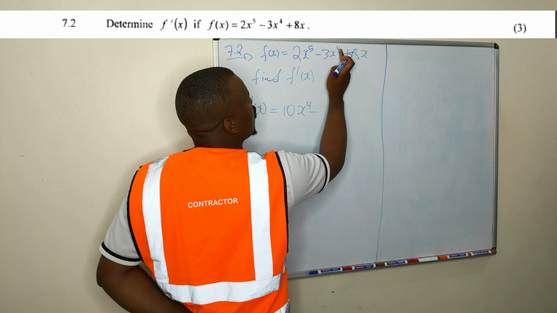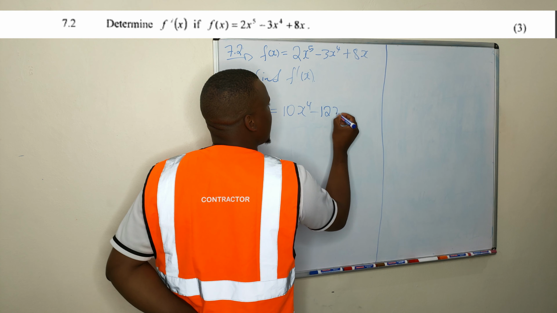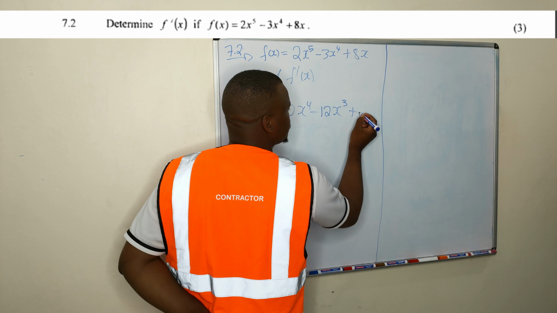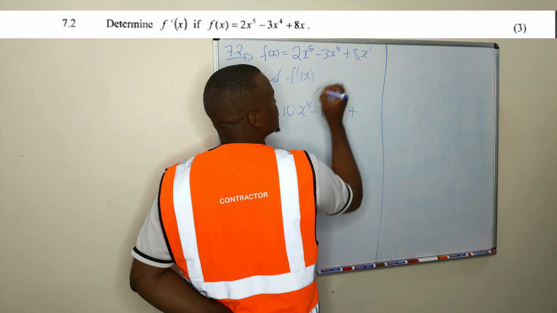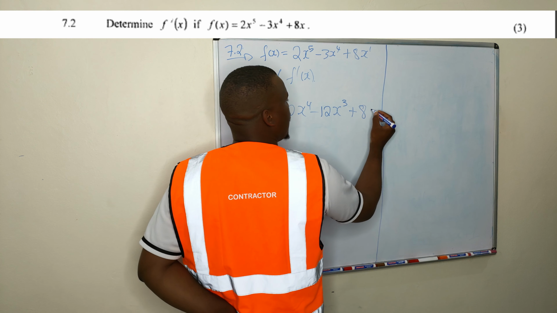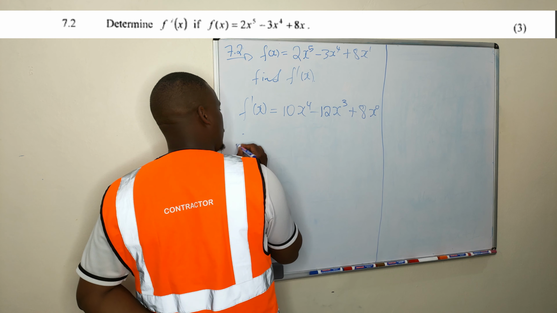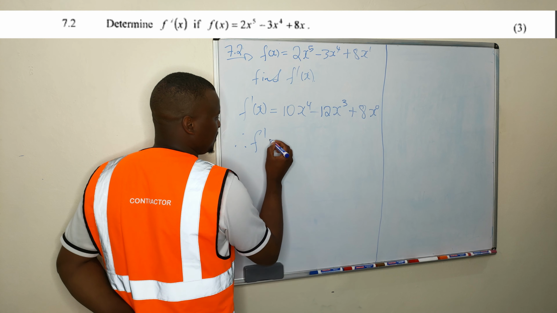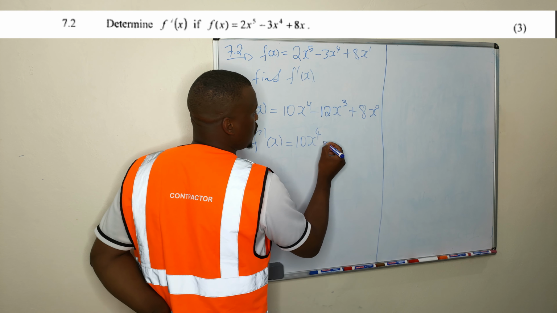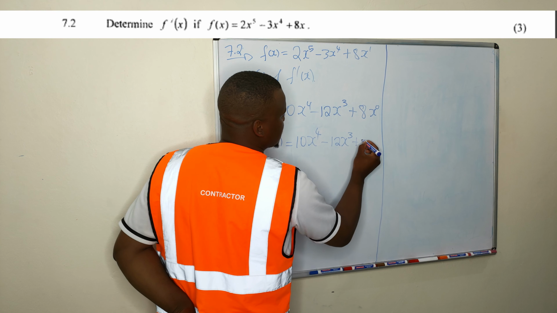Minus top times the coefficient there, which is minus 12x raised to 3, plus top here times this, it's 8x raised to 0, because we subtract 1 in all of them. Therefore, f prime at x is equal to 10x raised to the power 4 minus 12x cubed plus 8.